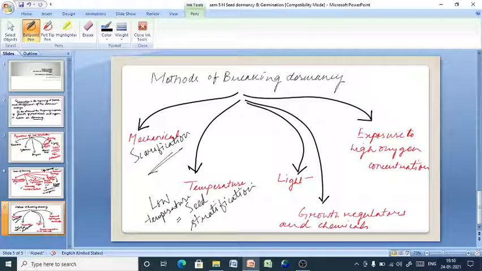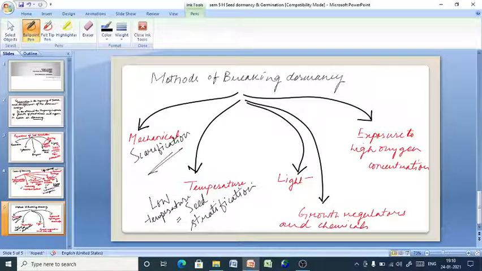So, the quality of light is important, the nature of light. For lettuce seed, if we use red light, it induces germination. If we use blue or far-red light, it can retard or stop or reduce the process of germination.